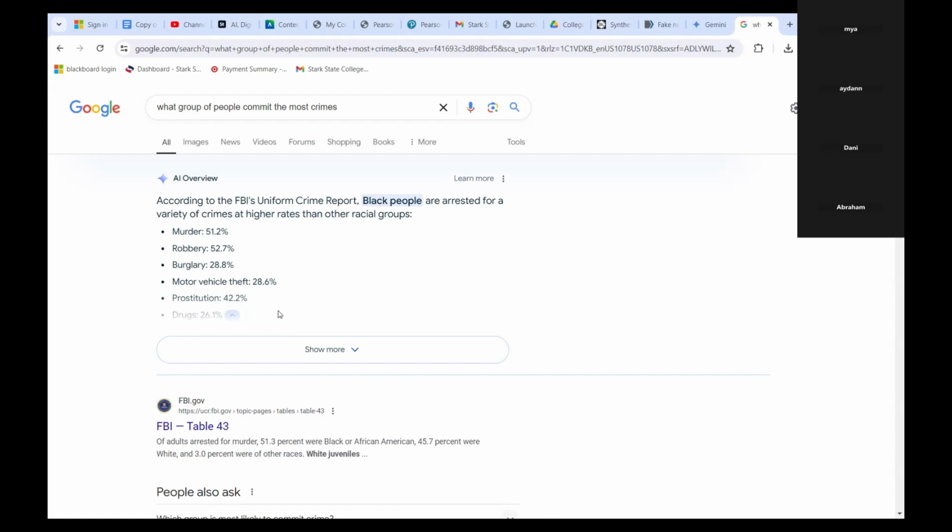Oh, can you screen share that? Let me see if I can stop screen sharing if it'll let me do that. I don't know, did I stop screen sharing? No, you didn't. Okay. Here, I can just go over it.